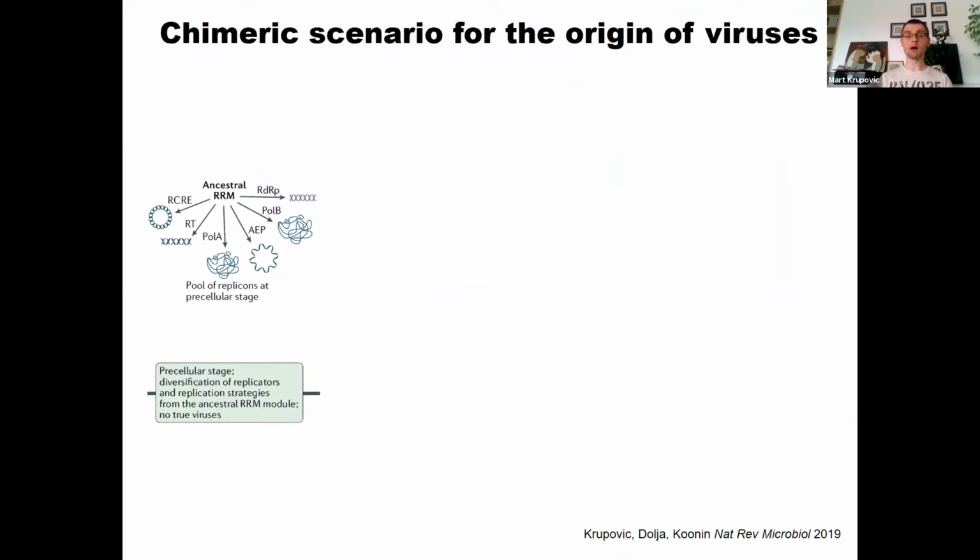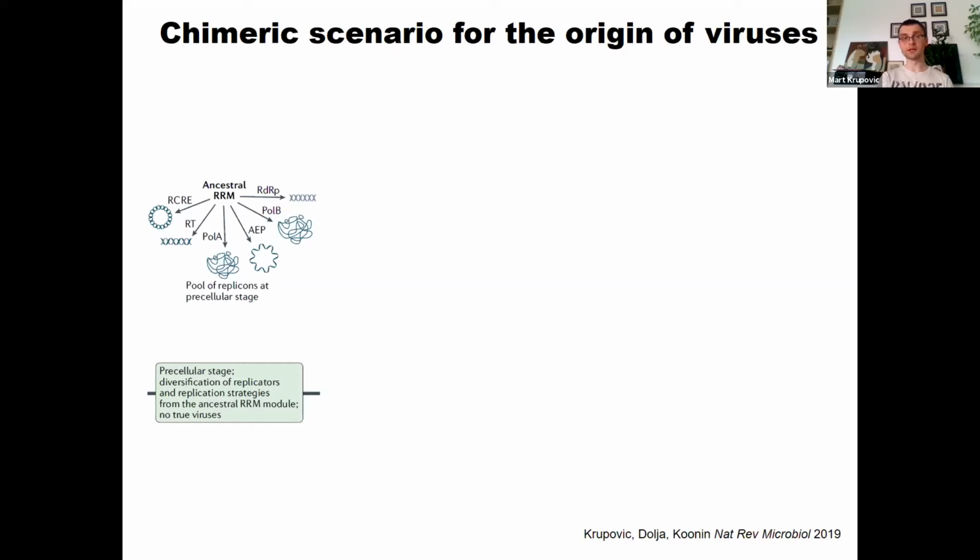Okay, so combining these two lines of observations on the replication proteins and the capsid proteins led us to propose a new chimeric scenario for the origin of viruses. According to this scenario, viral replication modules evolved very early on in the evolution of life, perhaps at the precellular stages of evolution, at the same time when the cellular replication proteins were invented.